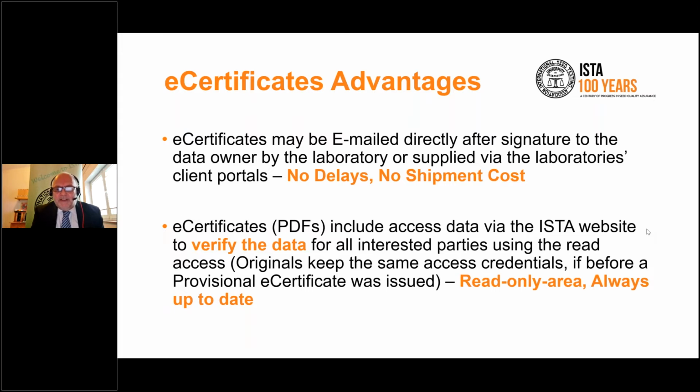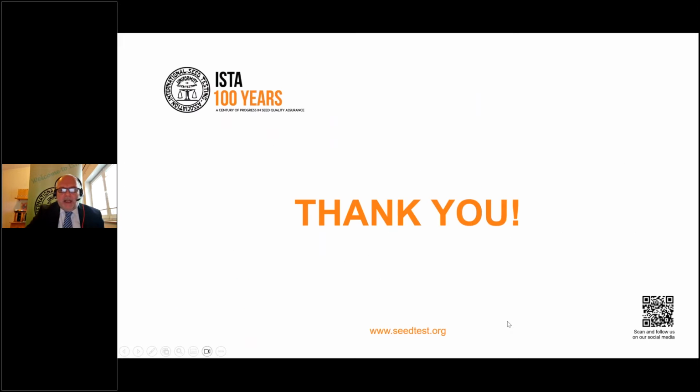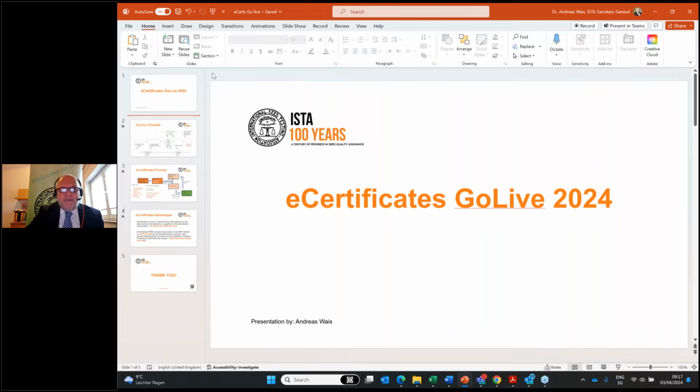On this side, you have a read-only area, and you're always up to date, because if you provided the provisional certificate to your client before and it became an original, they will see with the same credentials automatically an original certificate on screen. I thank you for that, and we're all looking forward to your questions.